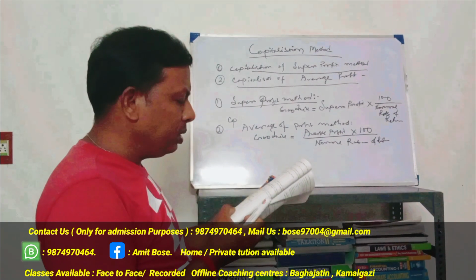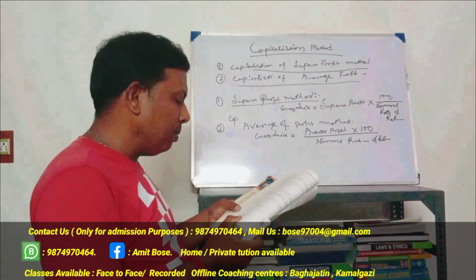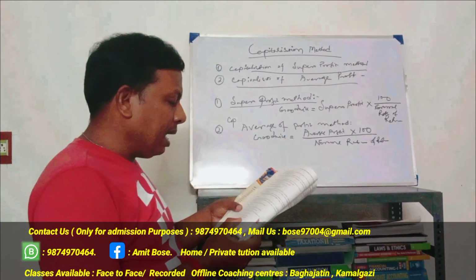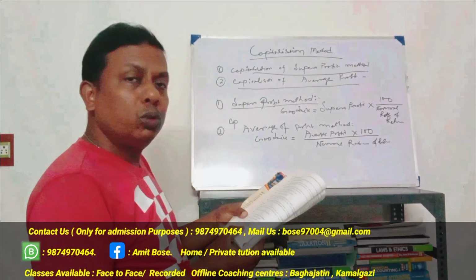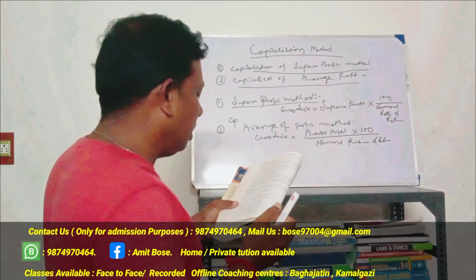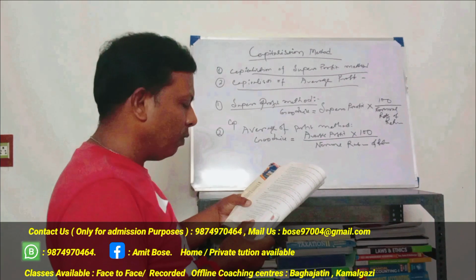For the same type of business, the normal rate of return is 10% of the capital employed. Calculate the value of goodwill under the capitalization of super profit method.